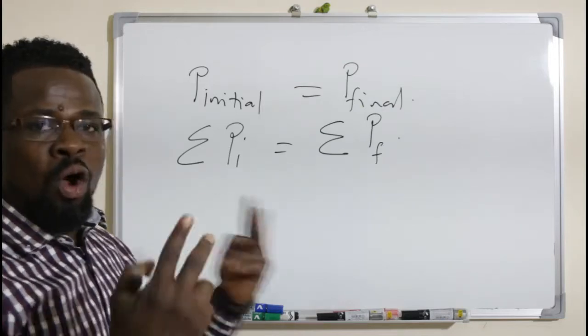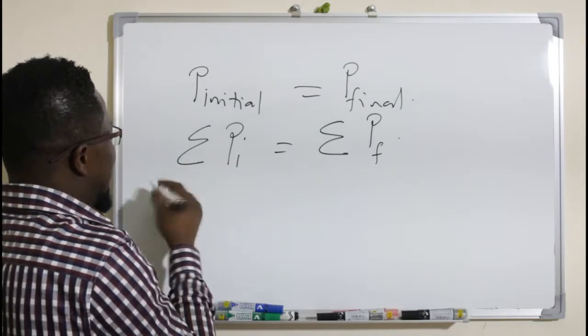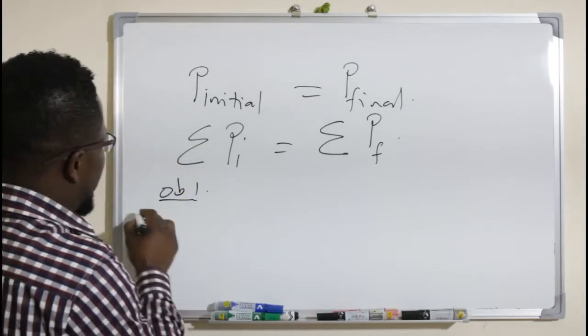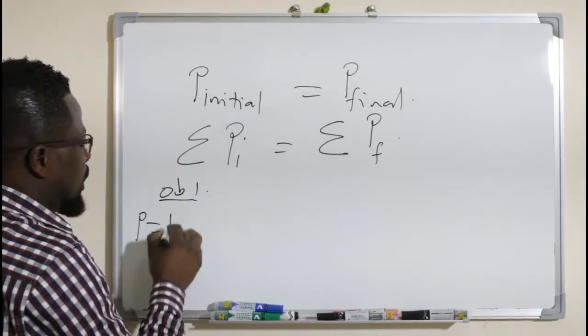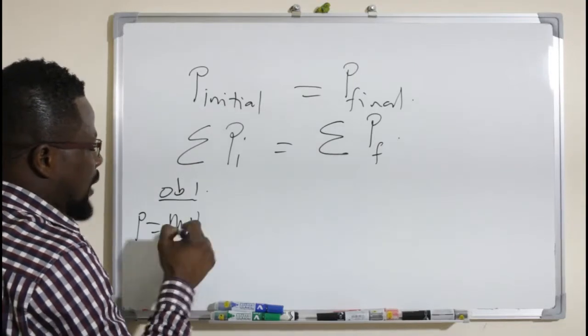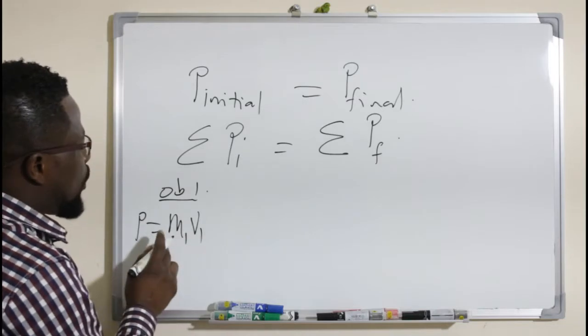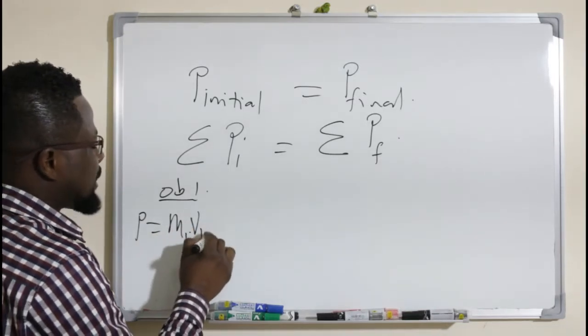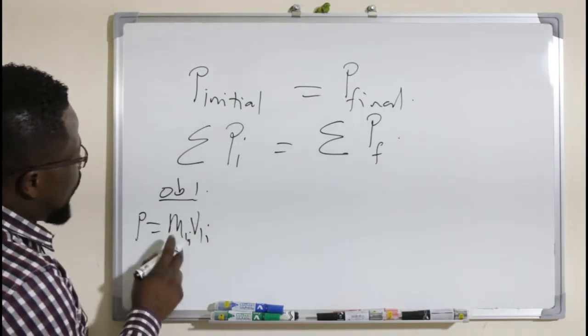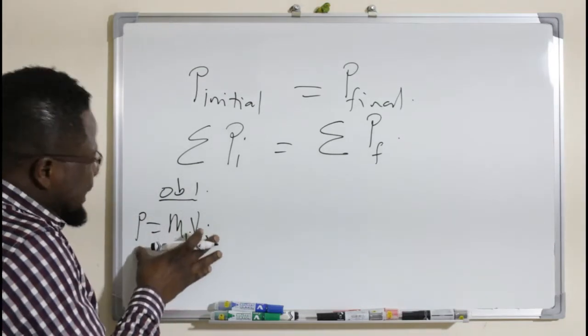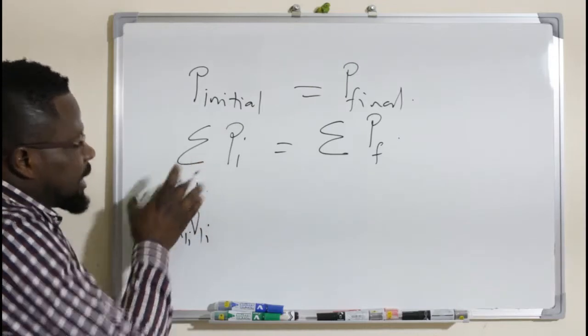Remember we are talking about two objects here, so I have object 1, and its momentum is M1 V1. At the initial stage, it is going to be M1I times V1I, which is the initial momentum of object 1.